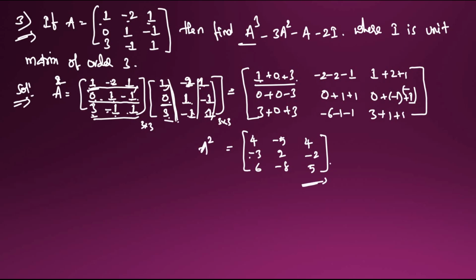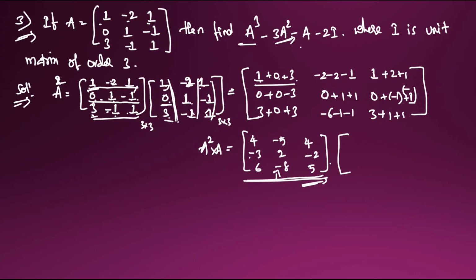A square. So again A square into A we have to do. Okay, this is the A square value, so here we got this A square value. Okay, this one. After this we have to multiply with the A, no?